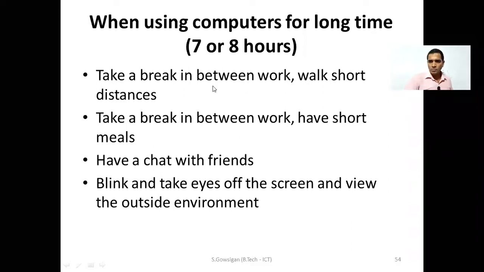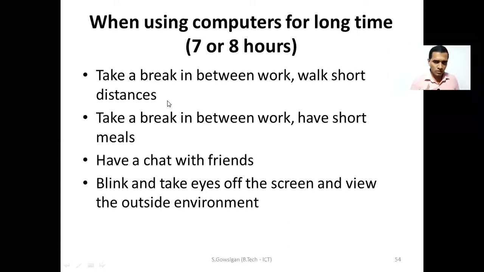So let's take the first one. Take a break in between work, walk short distances. If you are using computers for 7 or 8 hours, break your work at regular intervals, maybe once an hour, maybe every half an hour, and have a walk.